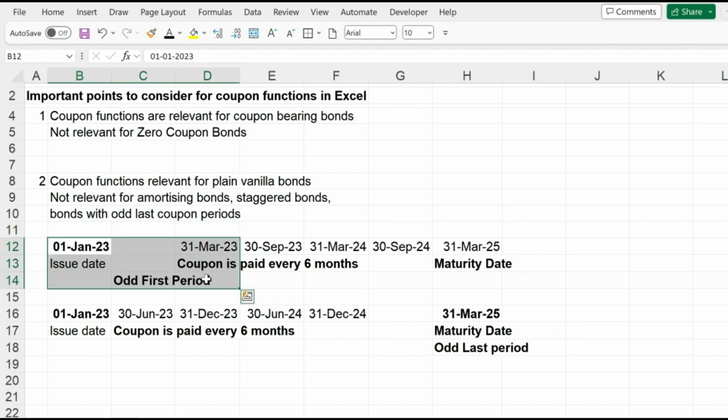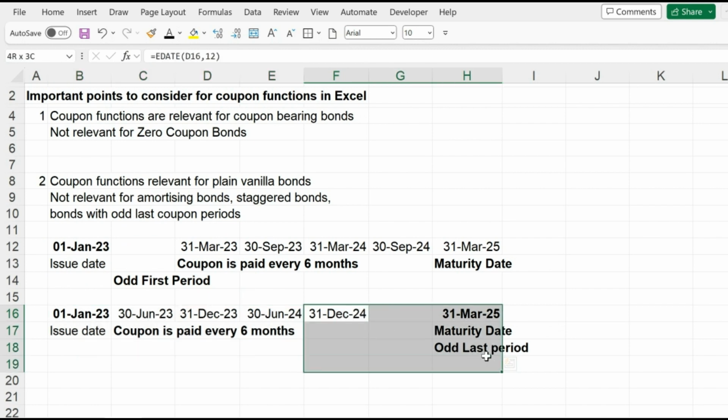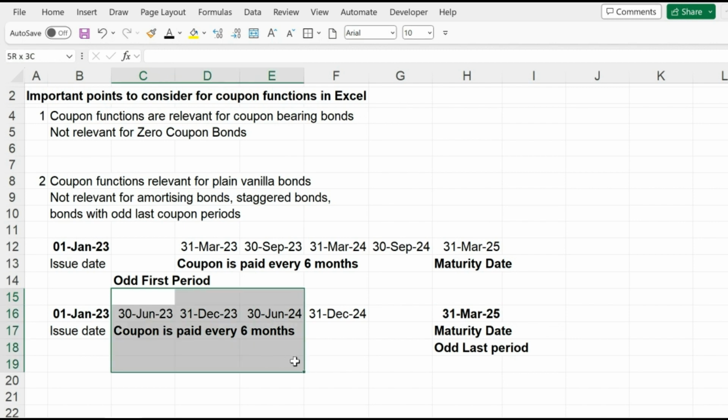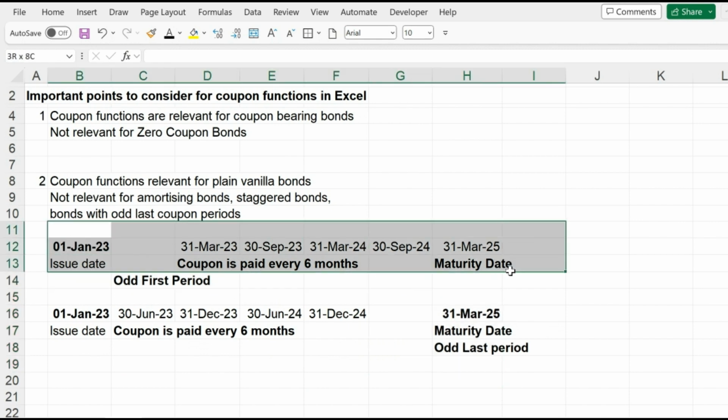So the first period is an odd period. Similarly, in the last odd period, the last period is just different than the regular coupon payments. So regular coupon payments starting from the 1st January is every 6 months, while the last payment period is just 3 months. So for the first odd period, it's okay.